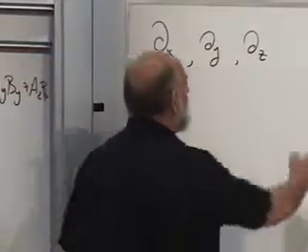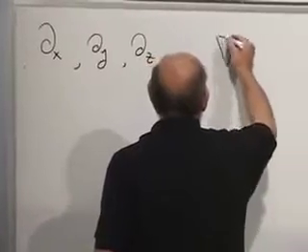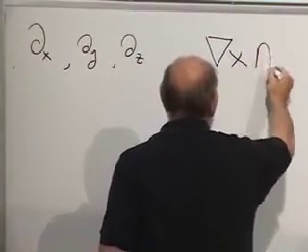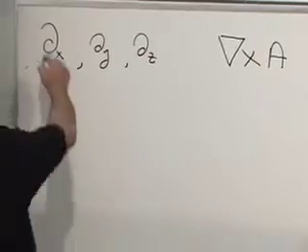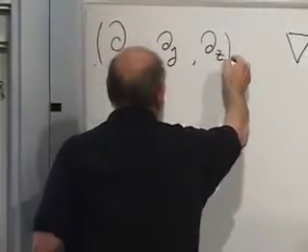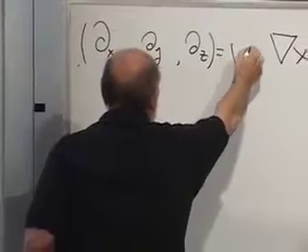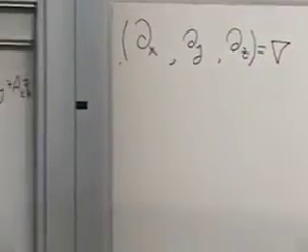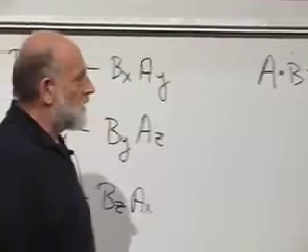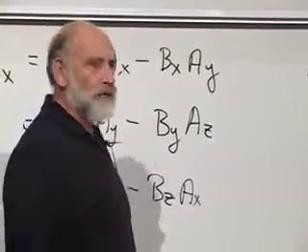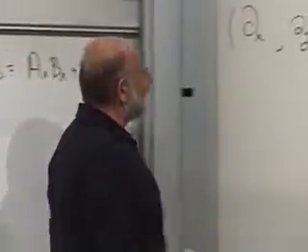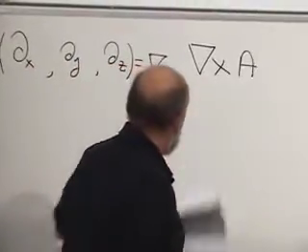And now imagine del cross a vector A. What does that mean? It's something that's made up out of the derivatives of the components of A. The three components are called the vector del. Del is just a shorthand for the upside down triangle. Del cross A, how do you make it?